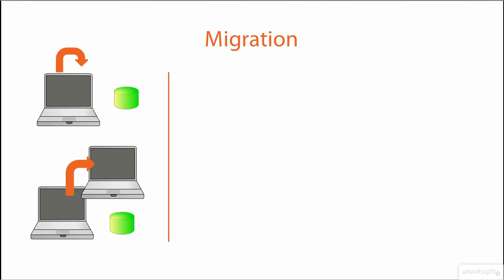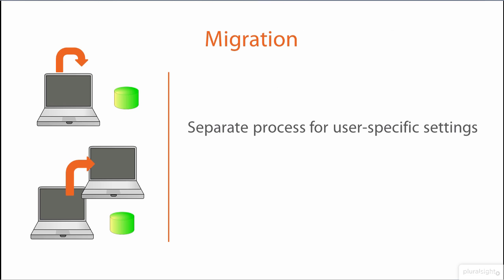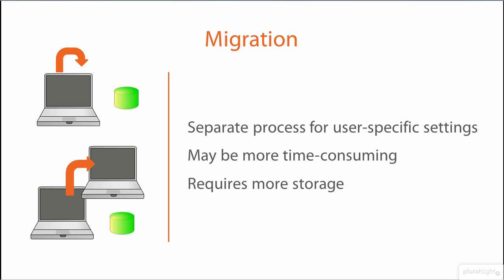Now, the migration scenario requires a separate process for user settings such as documents, pictures, music, preferences, browser settings, and so forth. Now, they have to be moved off the machine somewhere for safekeeping so the clean install of Windows 10 doesn't delete them, and then moved back onto the machine after the OS deployment. That means more time, and it also means more storage is likely to be required.